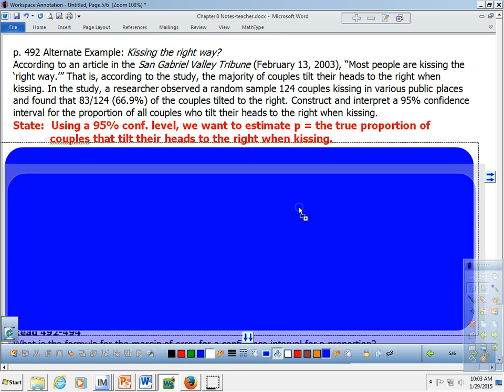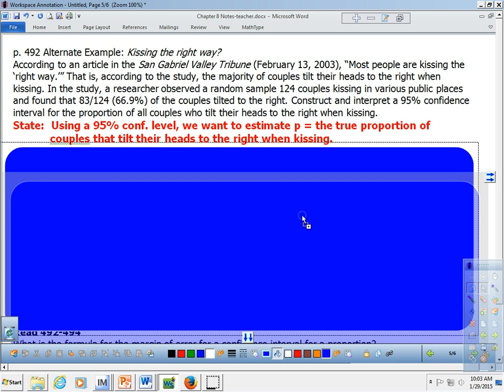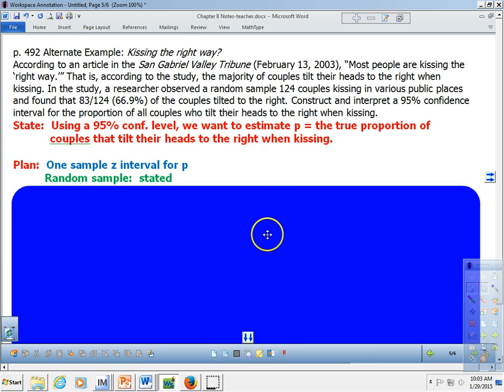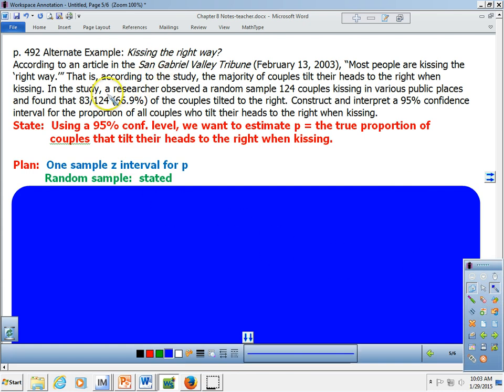You're going to literally write these things out. One is, I'm going to use a one sample z interval. Why one sample? Because we only have one sample of 124. A z interval because our critical value is a z score. So that's why we call it a z interval.